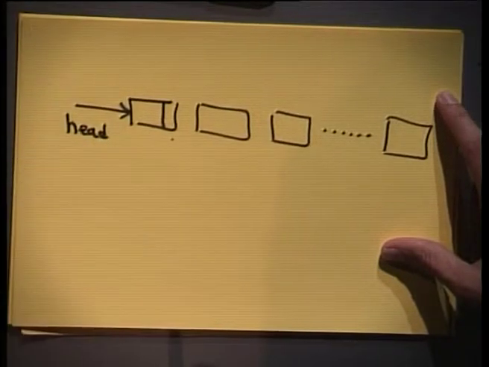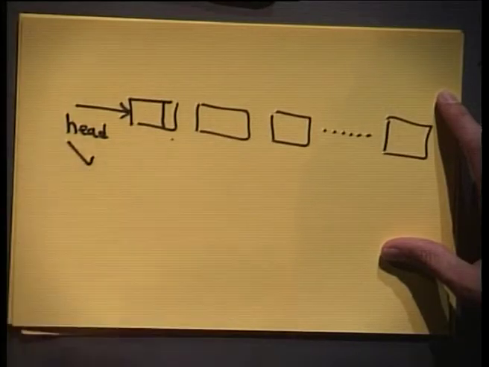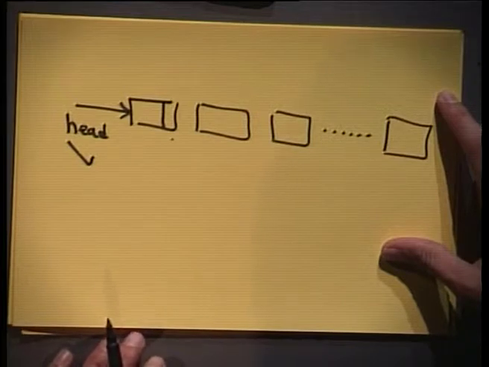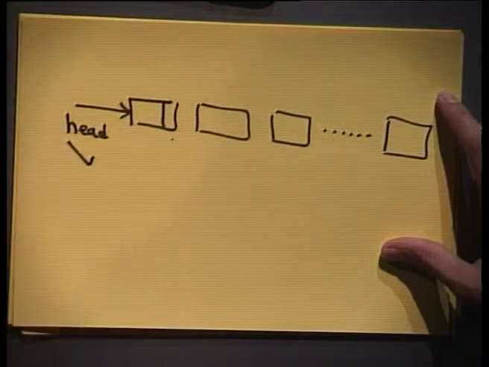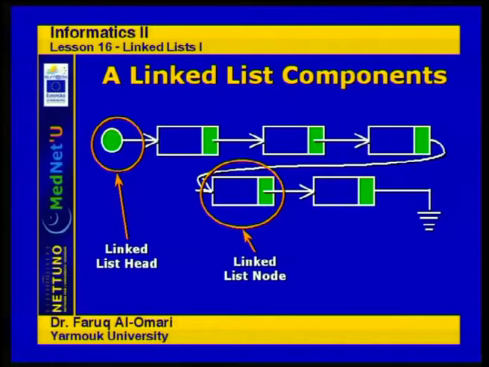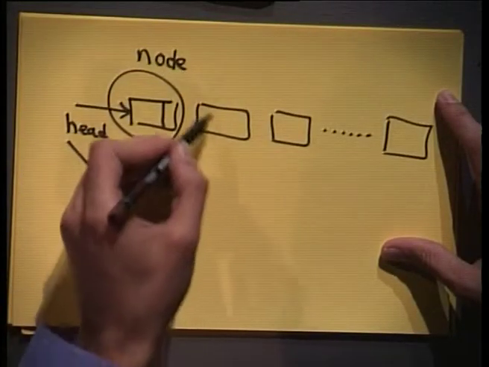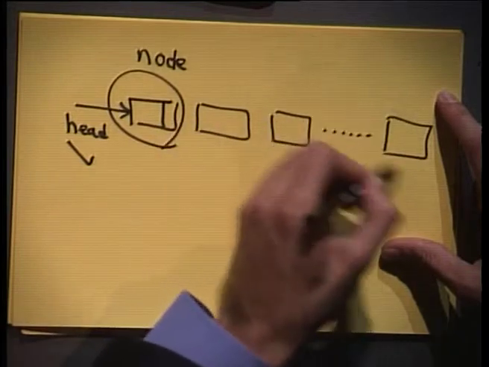So this is the first component, and this gives me enough information so that I can access all nodes in the list once I know this. It's very important and perhaps the most important component in the linked list. And then after that, this basically means a linked list node. So this is a node, as well as this one, and this one.